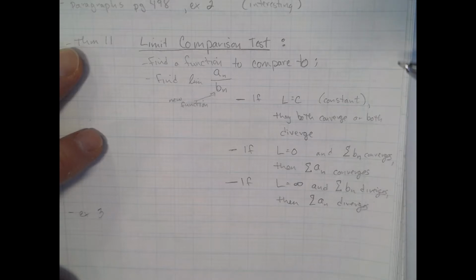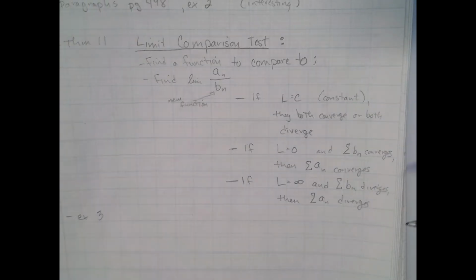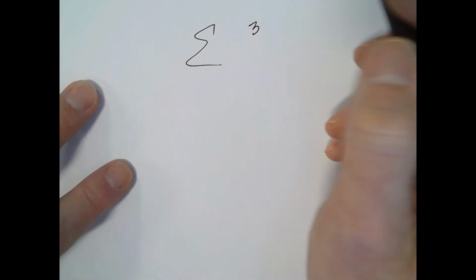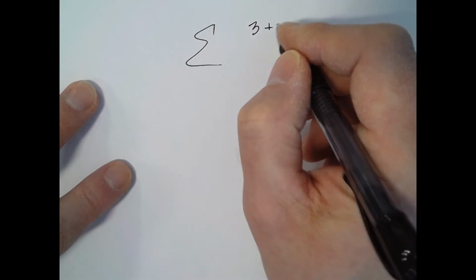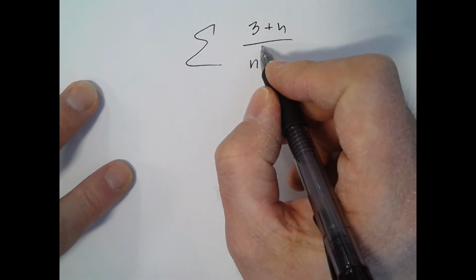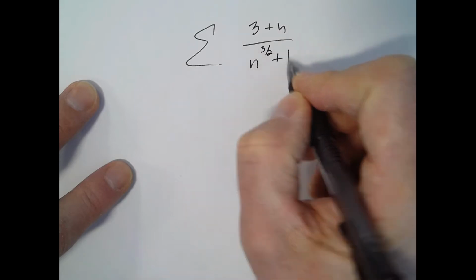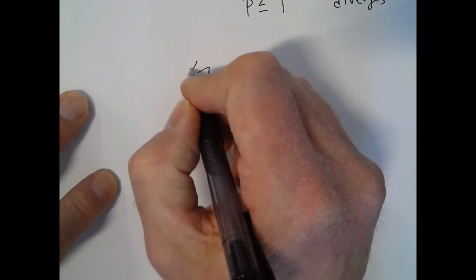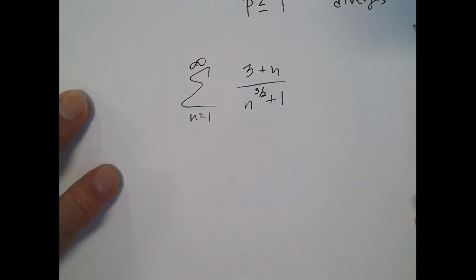If I'm trying to figure out whether this, 3 plus n over n to the 3/2 plus 1, converges or diverges, I can find the end behavior model.